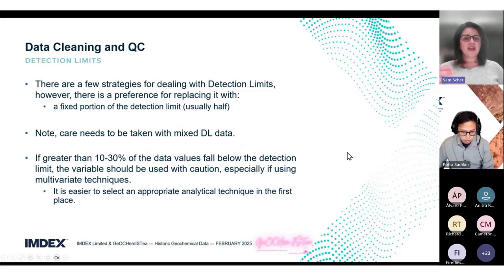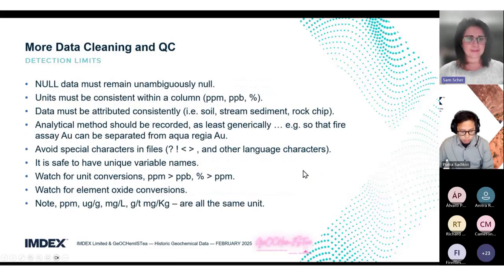And also, if you're going to be doing anything more than univariate or bivariate analysis, you just have to keep in mind what percentage you are going to be replacing. If it's more than 30 some odd percent of your data, then you probably shouldn't use that element going forward in a multivariate analysis, because it's just not meaningful at that point, and you're going to be losing a lot of samples. Next.